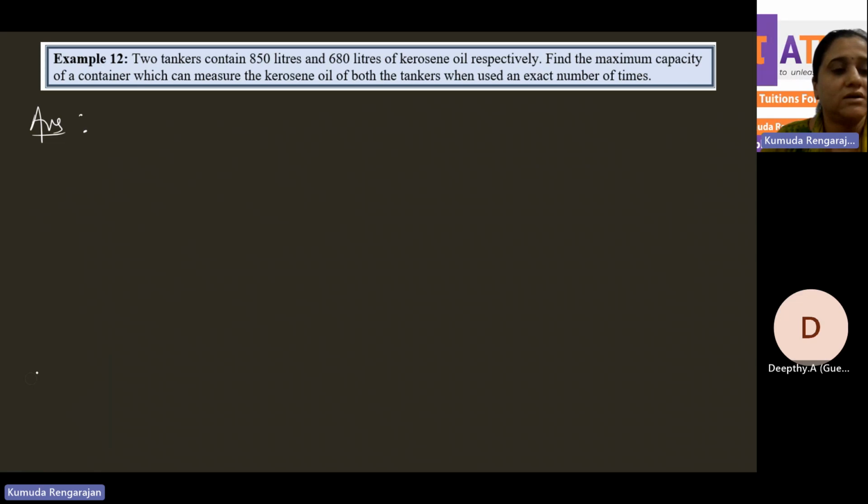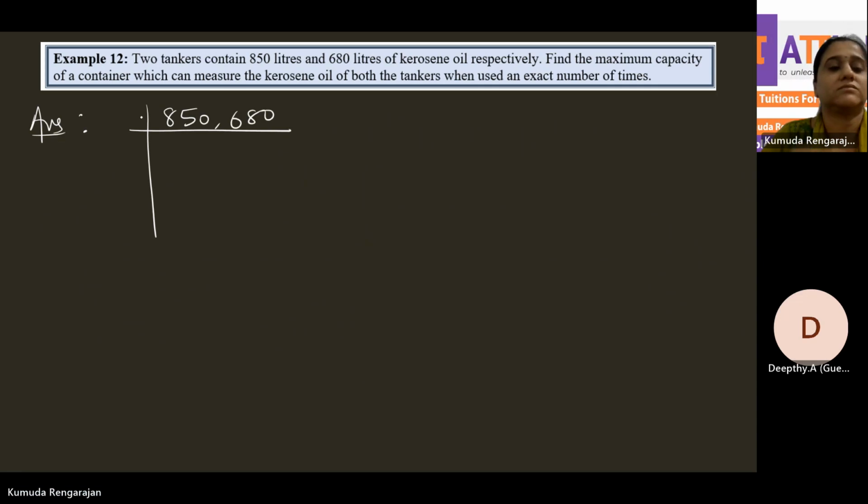Now Deepthi, tell me the first number we have to take up. Ma'am, we can take it up by 5. No, I always like to start with the smallest prime. Ma'am, 2. 2, how many times? 425 times. And 2 here, 340 times.